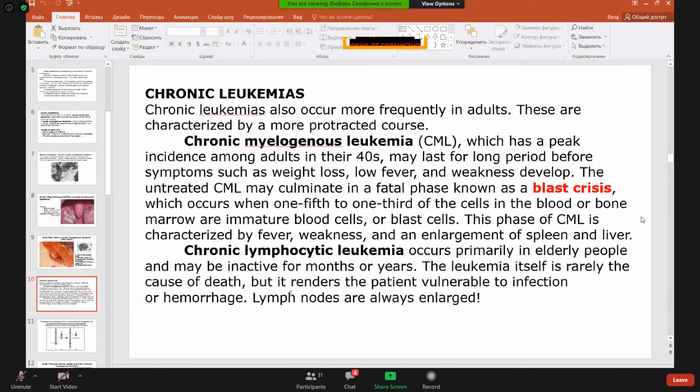During the blast crisis, multiple blast immature cells can be revealed in the bone marrow and sometimes in the circulating blood too. And this activation of chronic leukemia, blast crisis, generally leads to the transformation of this chronic disease into the acute one.